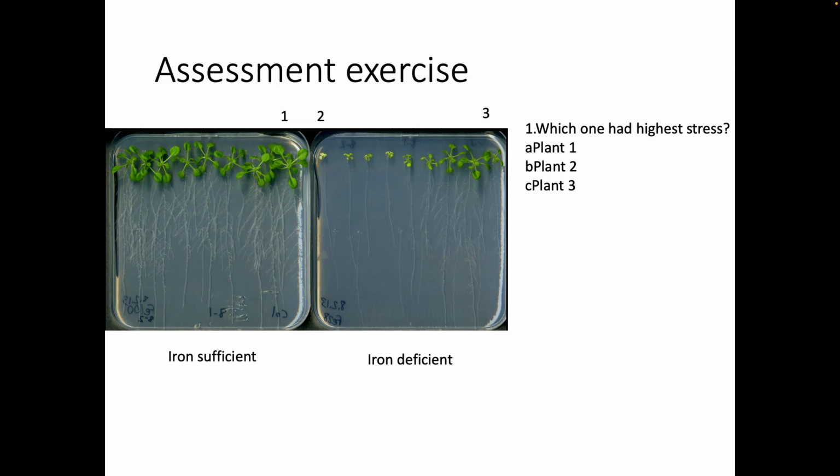These are mutants. And my mutants were doing very bad in iron deficiency. So which one had the highest stress? Is it the third plant, the second plant, or the first plant?